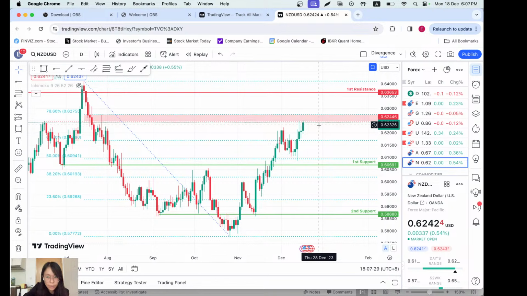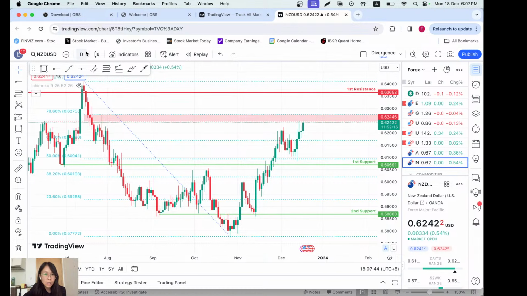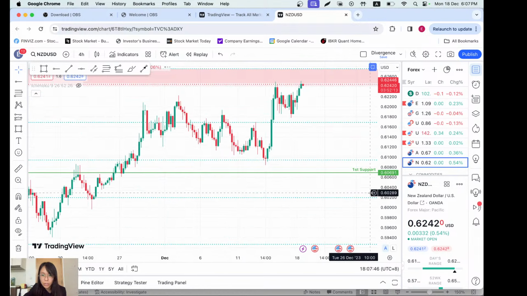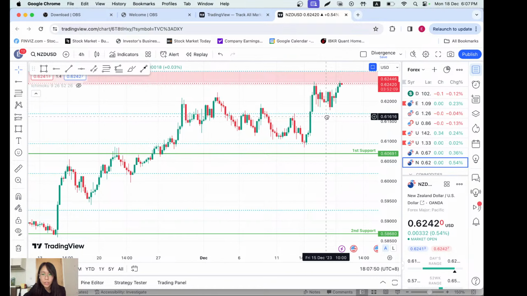You can see the wick of the candle is touching the area and is unable to break through for now. Very bullish. Let's switch to the H4 chart. It's a bit clearer on the H4 chart.